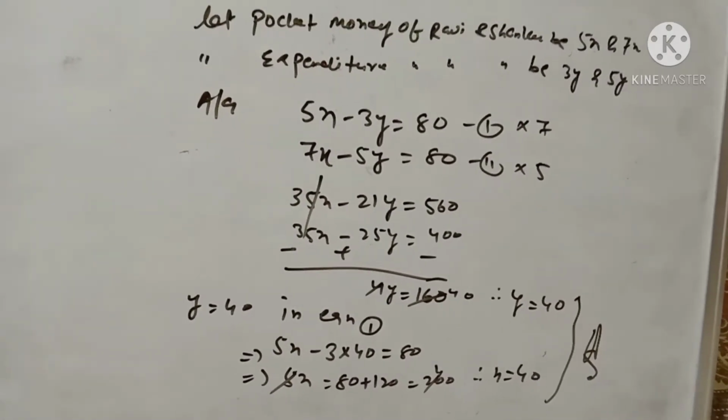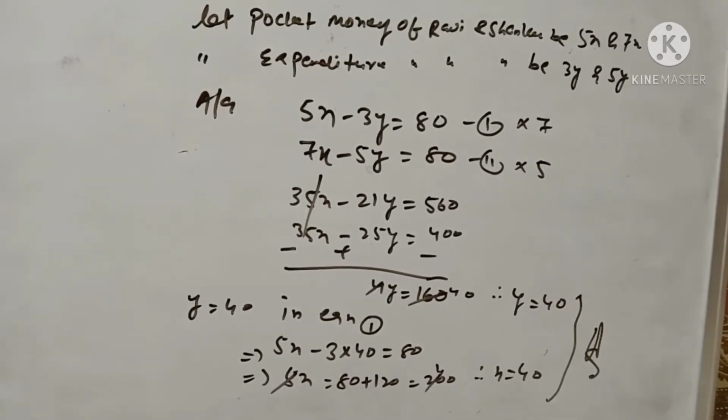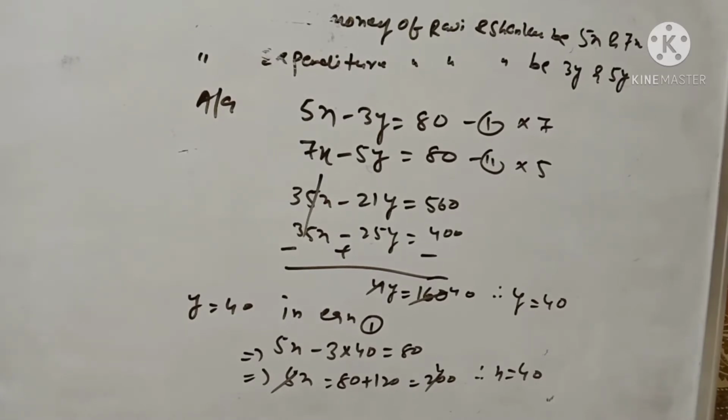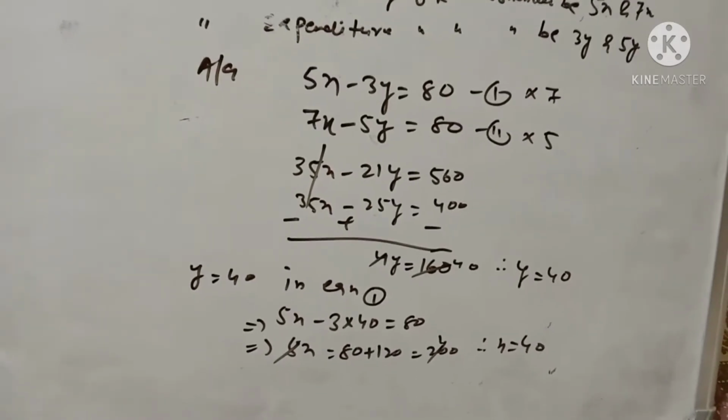So write down. Now we have to move to exercise 7.2, in which we have to find the pocket money. Therefore, we have to move one more step.